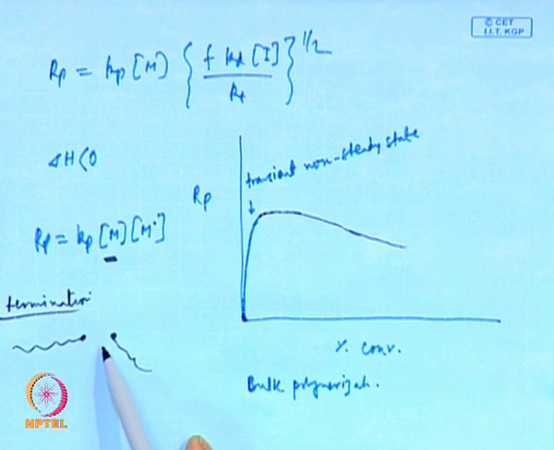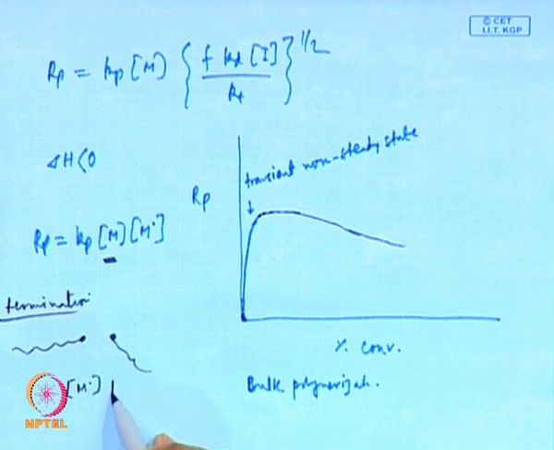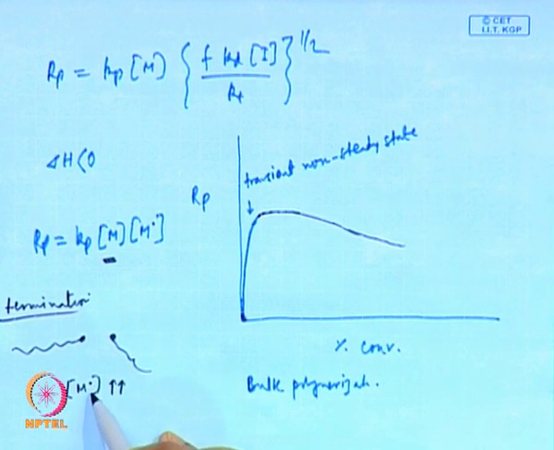Once the termination reaction is low, steady state is lost. So, more and more radicals are not terminated now, because the rate of termination has come down. So, the concentration of M dot increases.